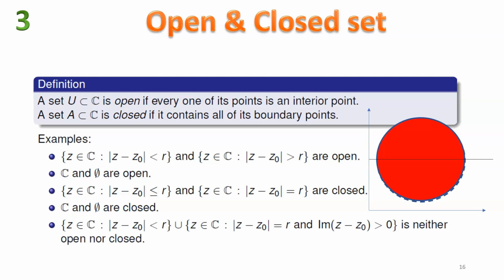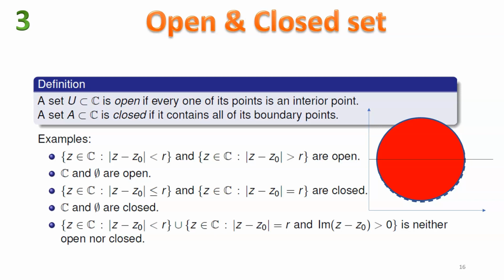Now let us consider the last example. Z belongs to the set of complex numbers such that mod of z minus z0 is less than or equal to r. So we are talking about only the red dot points as a first part, and that forms a union with another condition, wherein z is the set of all those complex numbers such that mod of z minus z0 is equal to r if and only if the imaginary part of z minus z0 is greater than 0.